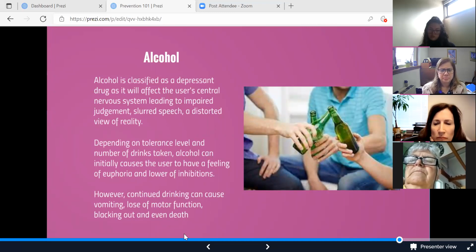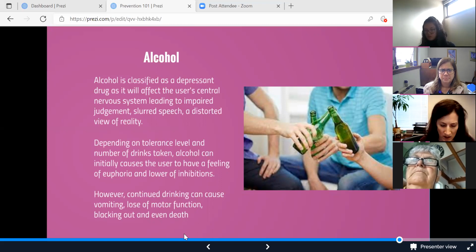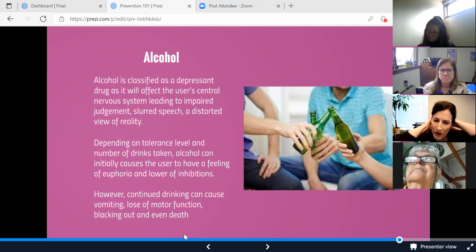It's not a hallucination, but rather that they don't see things how they normally would. Someone's tolerance level of alcohol is usually dependent upon their weight. Females tend to not be able to drink as much as males, as well as whether that person has eaten or not. Depending on their tolerance and the number of drinks taken, alcohol can initially cause the person to have feelings of euphoria.